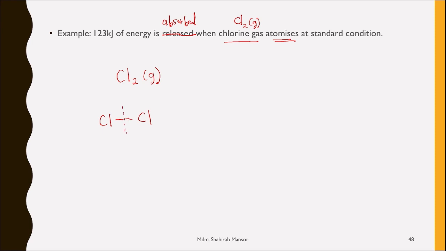When this bond breaks, in the product part you will have gaseous Cl atoms. So this is the molecule and this is the atom. You have one Cl and another Cl, so the total will be 2 Cl atoms.